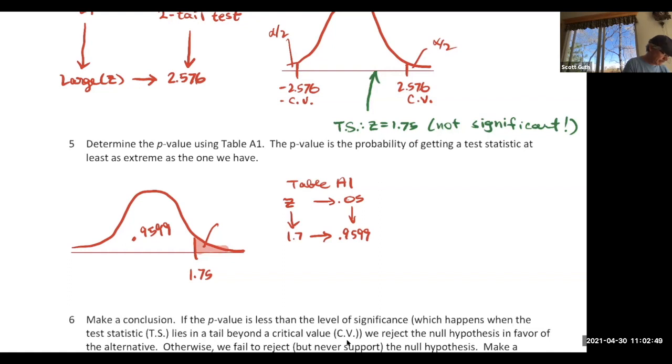Anybody? I think it's 0.0401. You guys get that? Yes. Now, the p-value is actually twice this because it's a two-tailed test. So this is actually 0.0802.